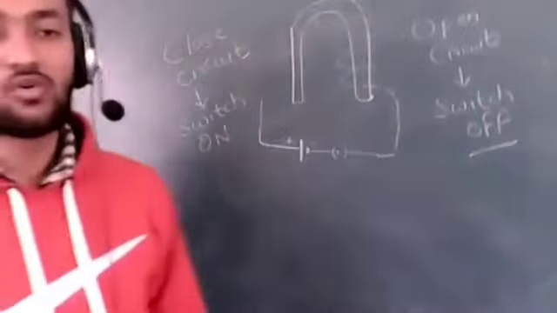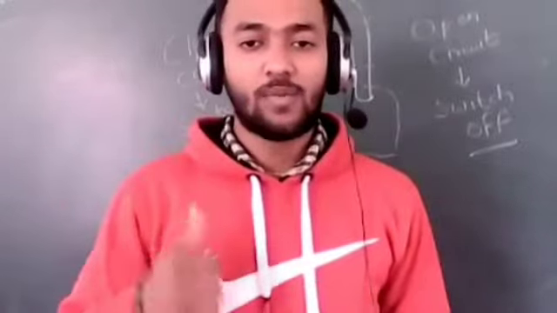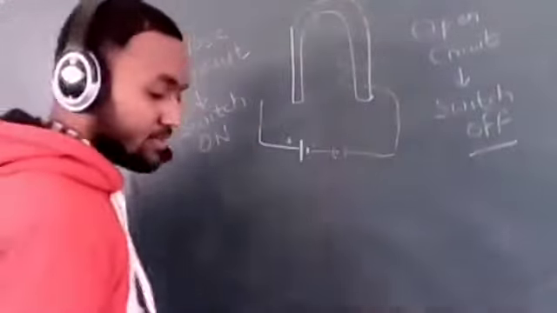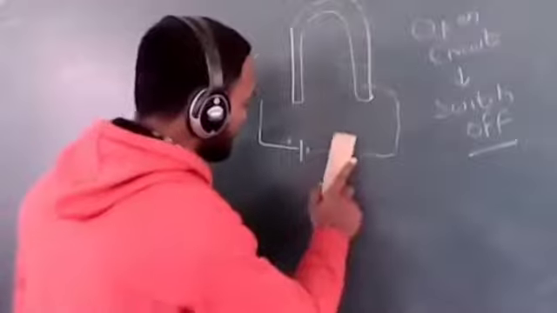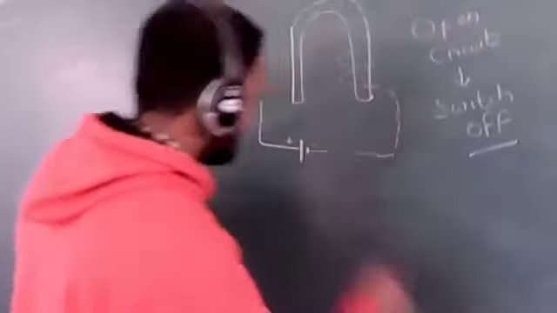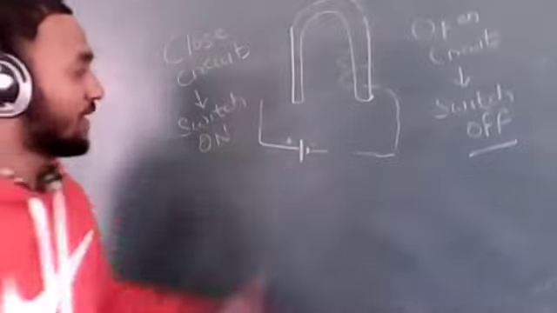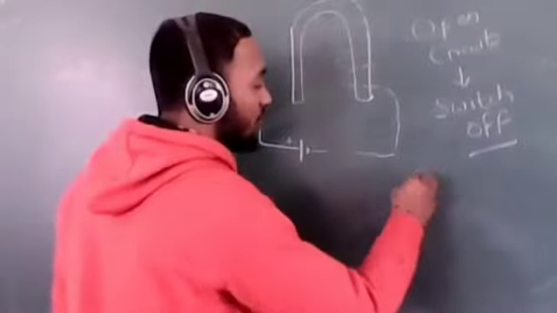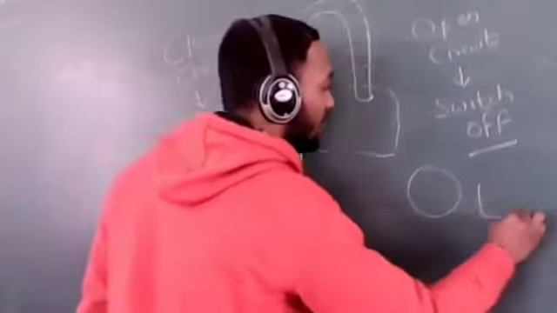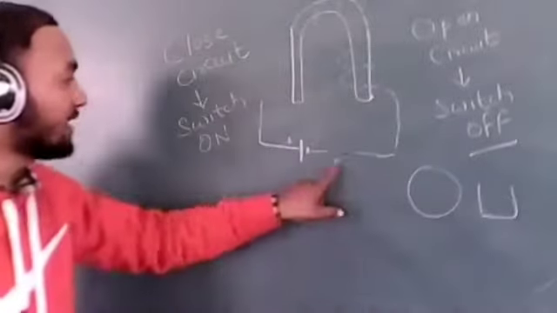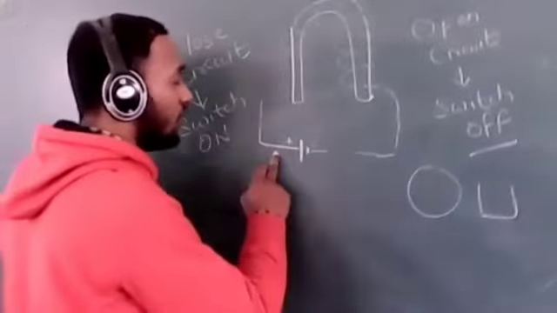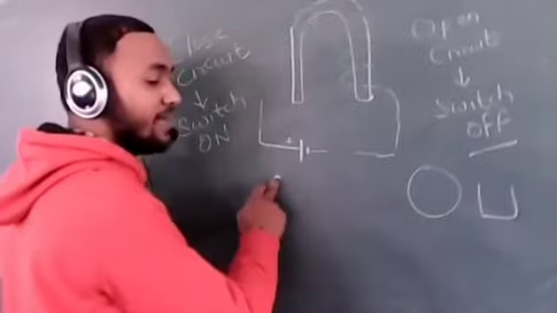Okay, so closed circuit means switch on, open circuit means switch off. Just you can see here, this wire is broken, means this circuit is not closed. This circuit is open, as you have discussed in mathematics, closed figure and open figure. Okay, so the circuit is open, means the current will not flow. So this is the switch off condition.